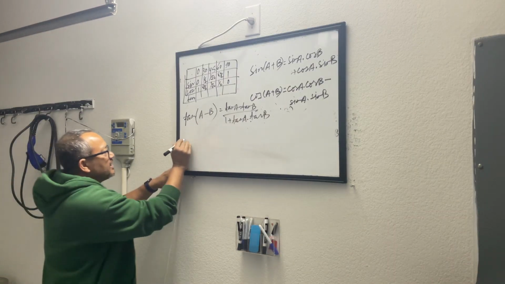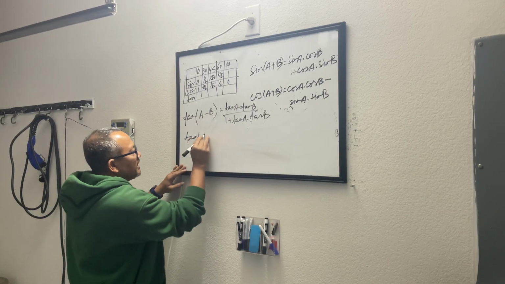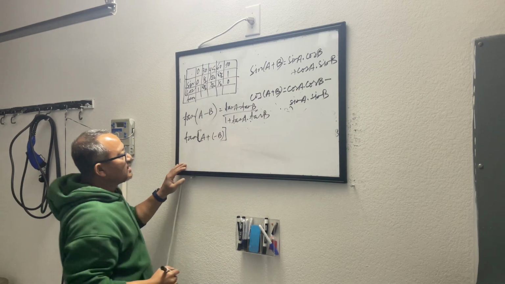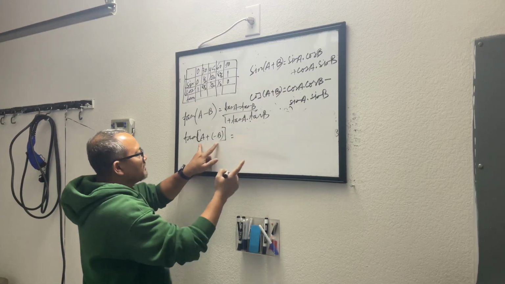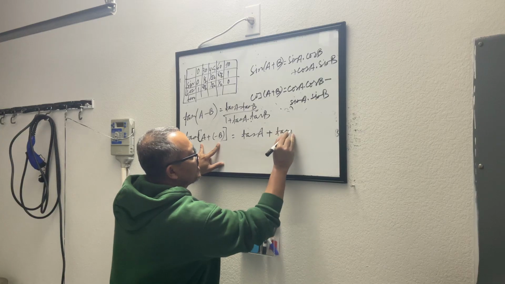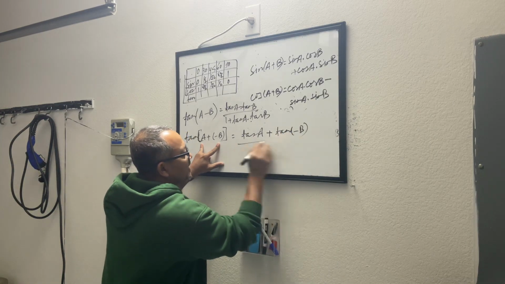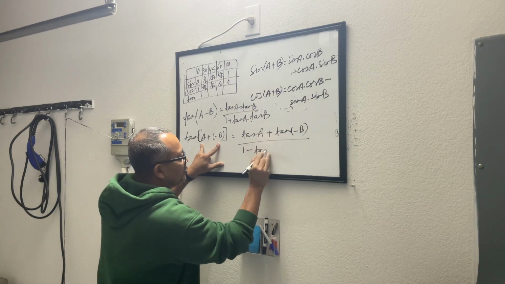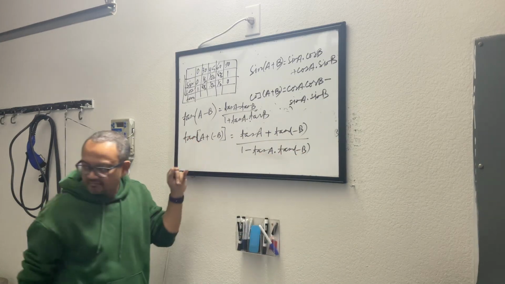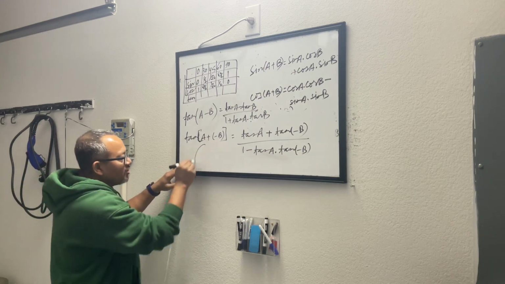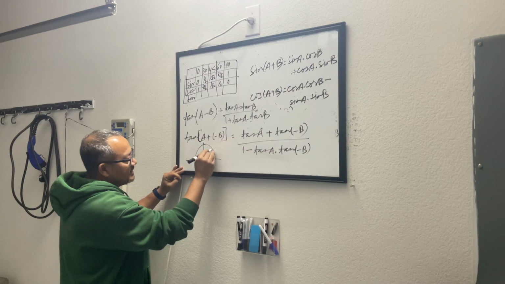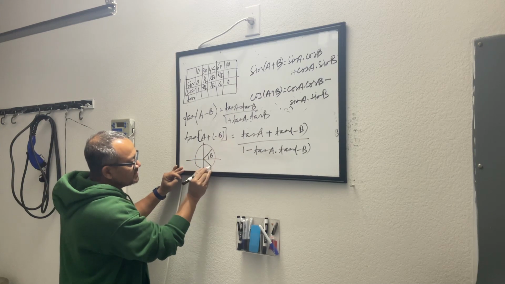Tan of A minus B is nothing but tan of A plus minus B. So if we go by the formula that we know, it will be tan of A plus tan of minus B divided by 1 minus tan of A times tan of minus B. And we'll go back to the unit circle to see this is B, this is minus B.